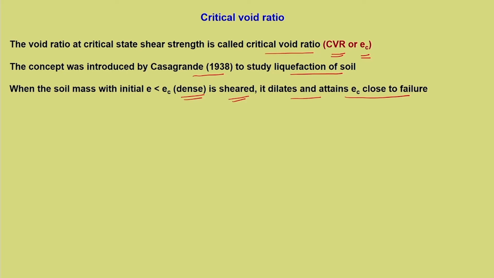So, when a dense state of the soil is sheared, then the void ratio will increase because of the dilation, and finally it reaches what is known as a constant volume or a constant void ratio close to critical state. So, it is called critical void ratio or constant volume void ratio.